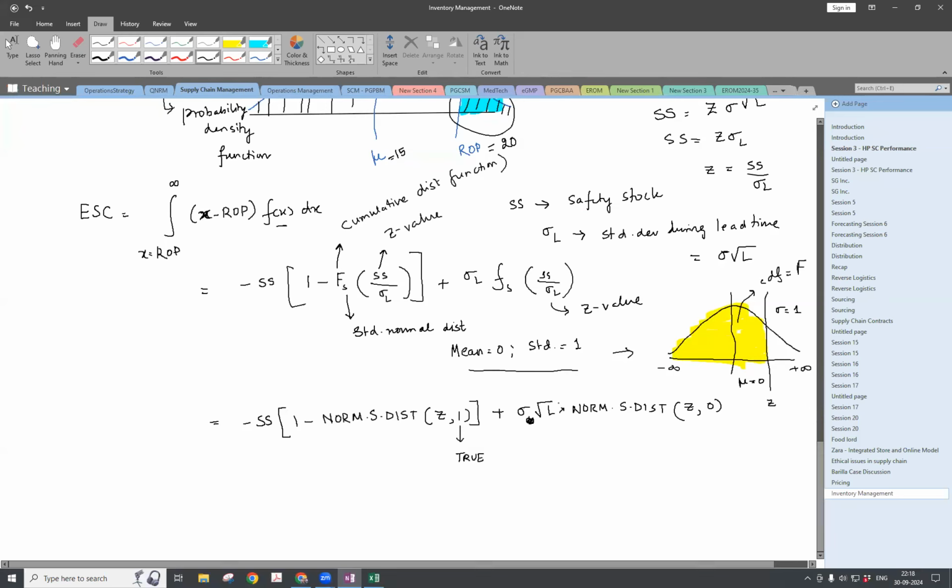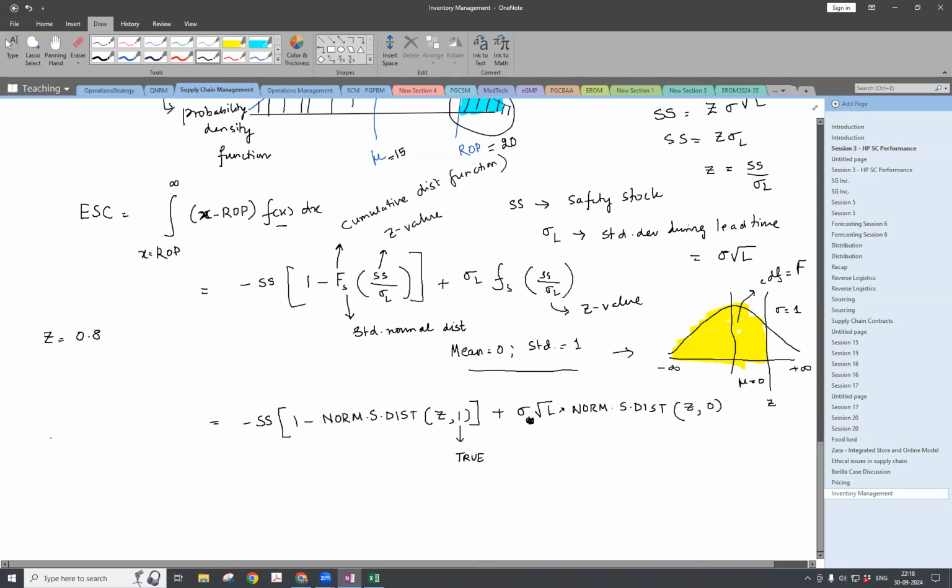Now, another way to remember what this small f is, let me give you an example. Let's say the z value that you calculated is 0.8, right?